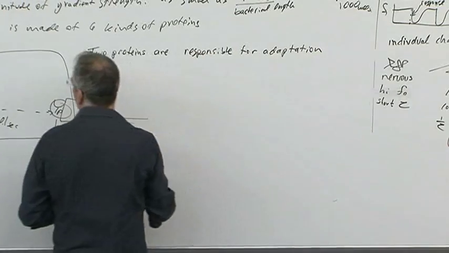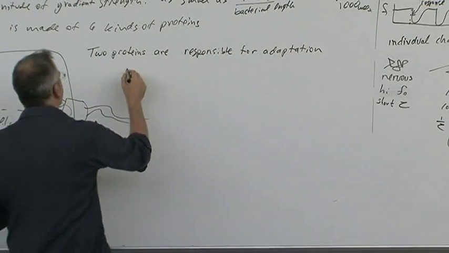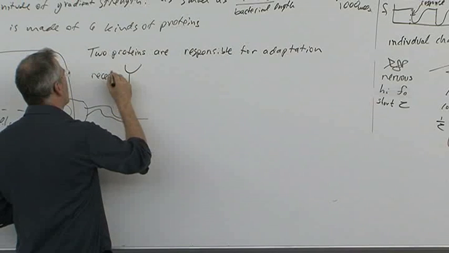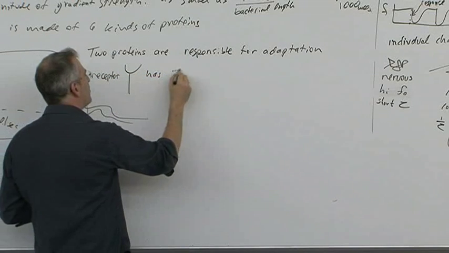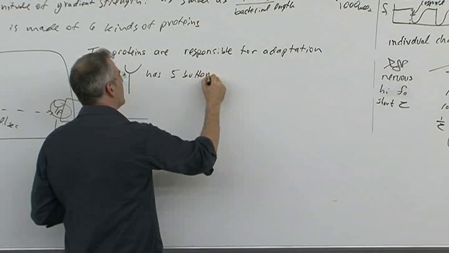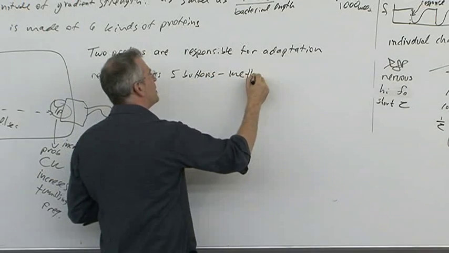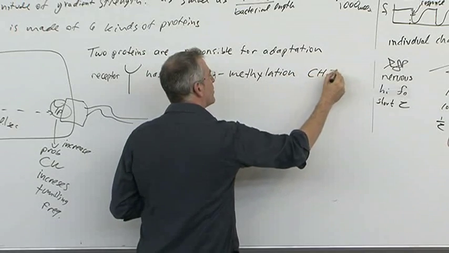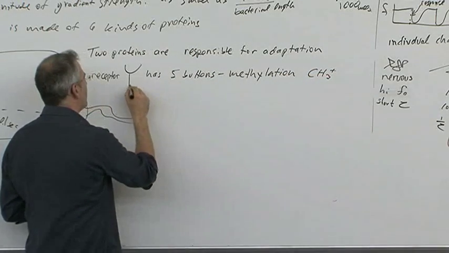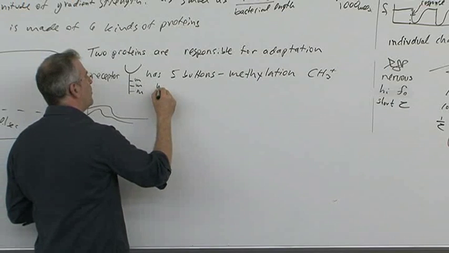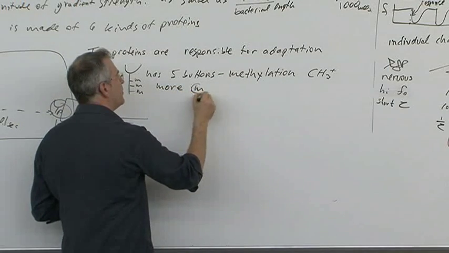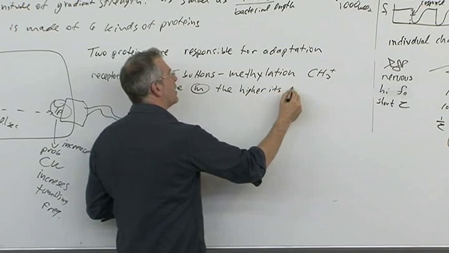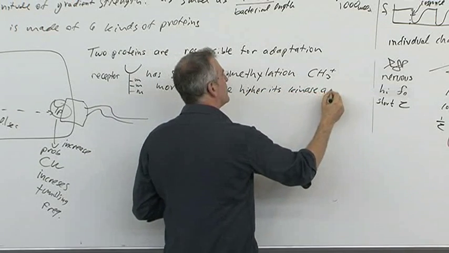And the way this works is the following. This receptor has 5 buttons. It can be chemically modified by adding CH3 groups. It's called methylation. And the more methylated, the higher its kinase activity.